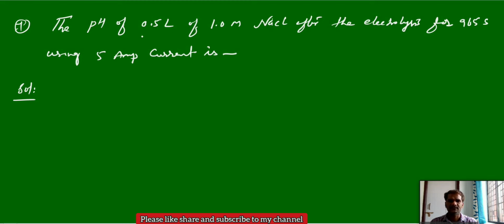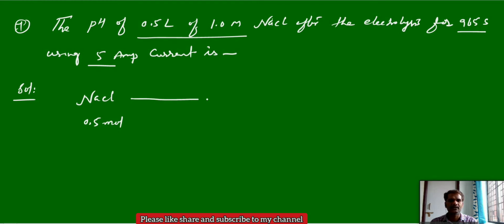Forget about pH first. They give 0.5 liters of 1 molar NaCl. So we have NaCl, how much amount? 0.5 mole is there, right? And they are passing some electricity, 965 seconds with 5 ampere current.